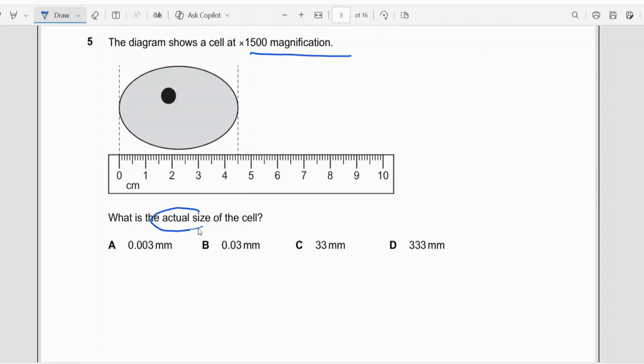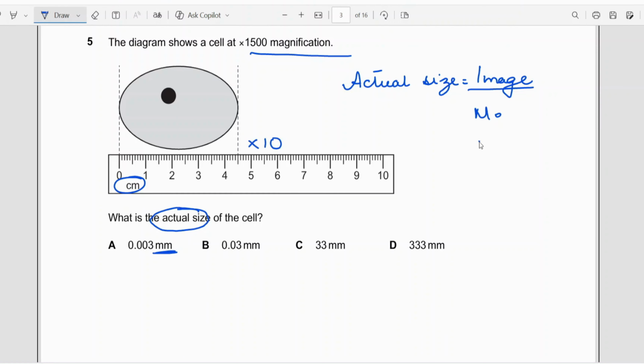A diagram is given and its magnification is given, while you have to calculate the actual size. What is the formula for actual size? Actual size is equal to image size over magnification. What is image size according to this? This one is 4.5 centimeter, while you need to convert it into millimeter. How to convert it into millimeter?